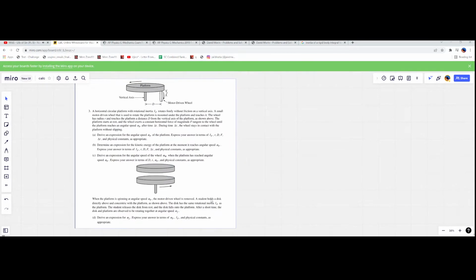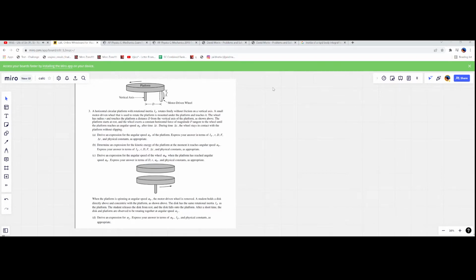Okay. Let's have a look here. A horizontal circular platform with rotational inertia I sub p rotates freely without friction on a vertical axis. A small motor-driven wheel that is used to rotate the platform is mounted under the platform and touches it. The wheel has radius r and touches the platform a distance... Okay, whatever.